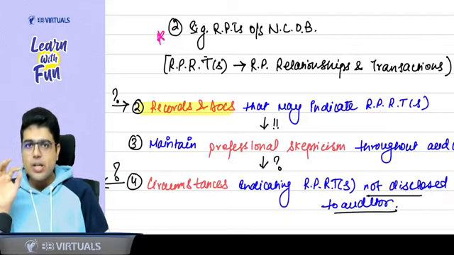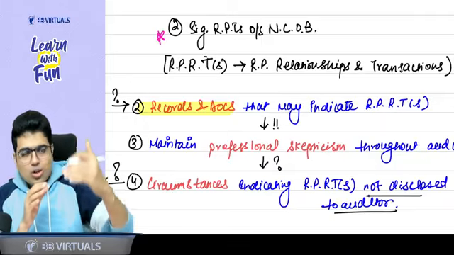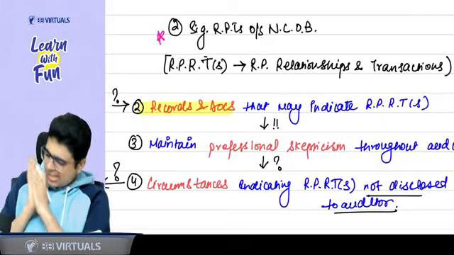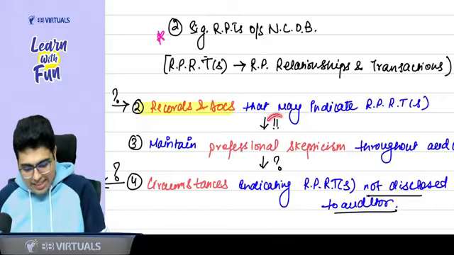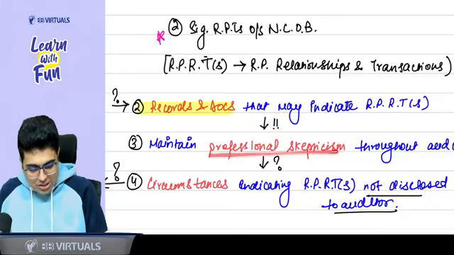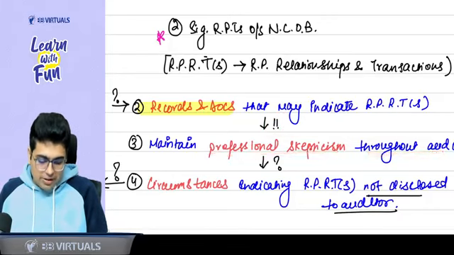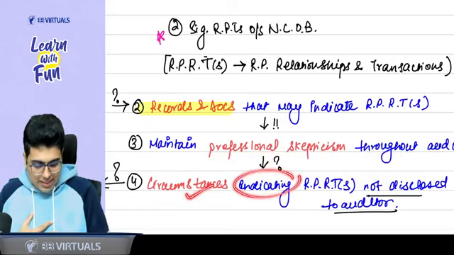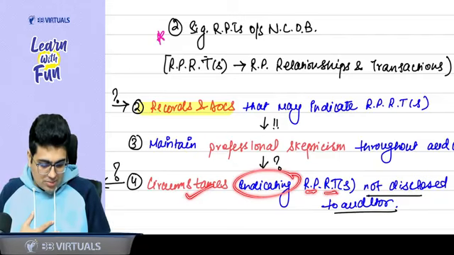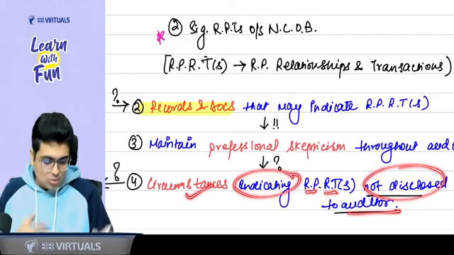Now, when I am going through these records and documents, should I sleep or should I stay alert? Sir, you should stay alert. So the third thing is to maintain professional skepticism throughout the audit. Why do we need to maintain professional skepticism? Because there can be circumstances indicating related party relationships and transactions not disclosed to the auditor.